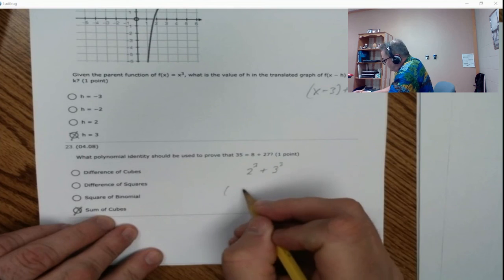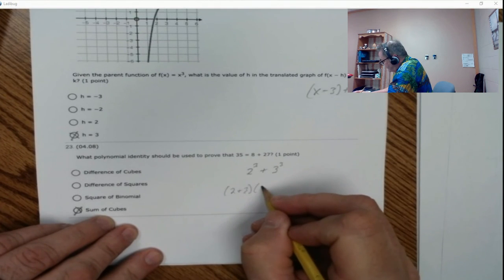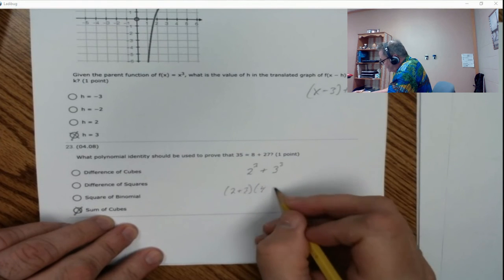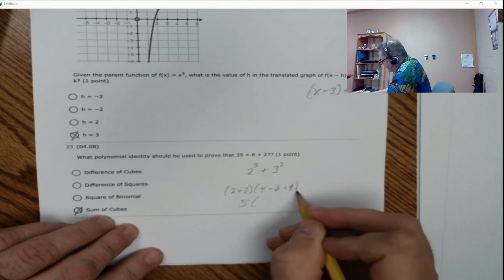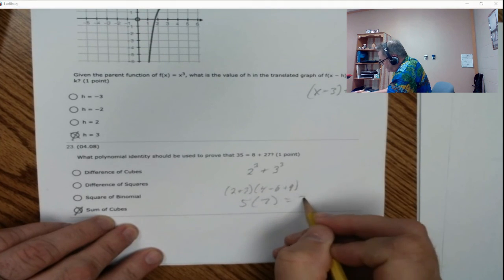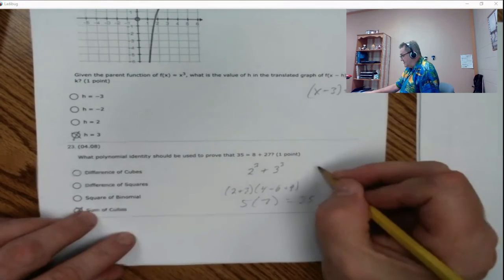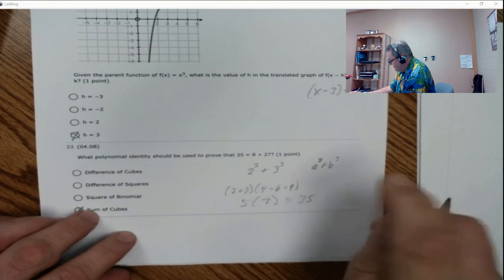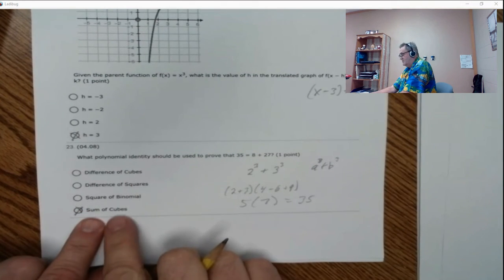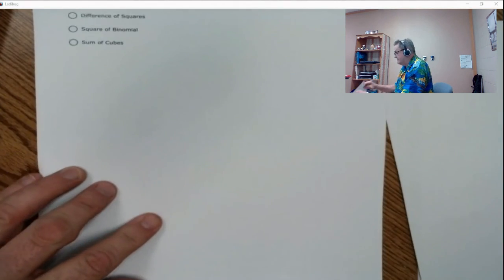Remember, there's a pattern you use with that where you have a plus b, 2 plus 3, times a squared, which is 4, minus ab, which would be minus 6, plus b squared, plus 9. So this would be 5 times 13 minus 6. See if we can figure that out and say it's 35. Using that pattern between a plus b when they're both cubes. But all we need to know is the rule here, saying what identity. It's the sum of cubes because this is adding two numbers that are cubes.